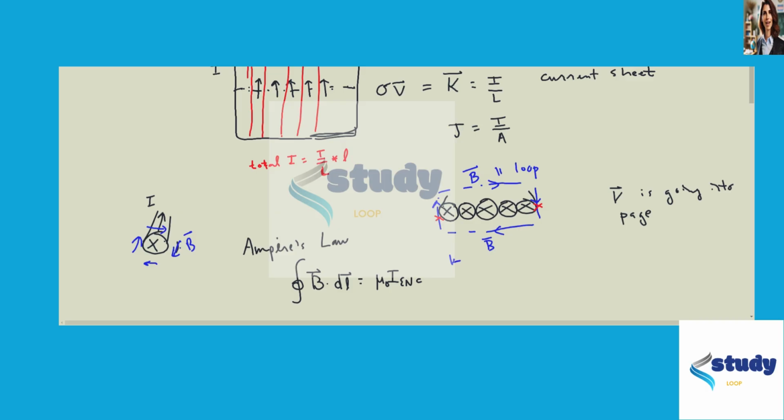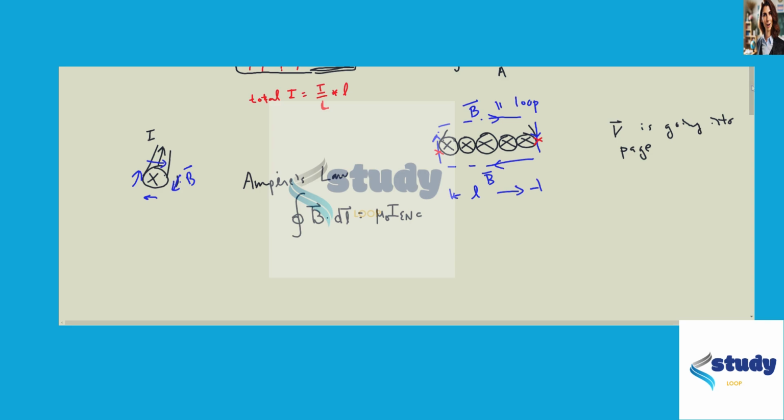So we'll give that loop a length L, and our projection of that magnetic field onto that loop is 2 B L equals mu naught times the current enclosed. And here we're going to be using the linear density K times L. So imagine each of those carrying a current, and you have L of them.